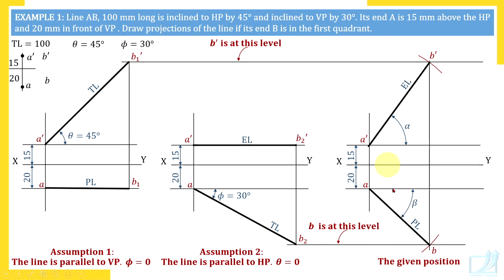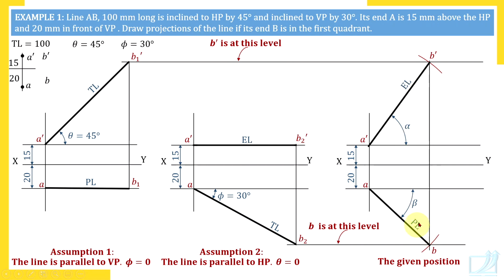So actual views of the line in given position, this is front view and this is top view. Have you noticed? Front view is not showing true length and true angle. This angle is not 45 degrees. This length is not true length. Similarly, top view is not showing true length and true angle. This length is not true length, and this angle is not true inclination.